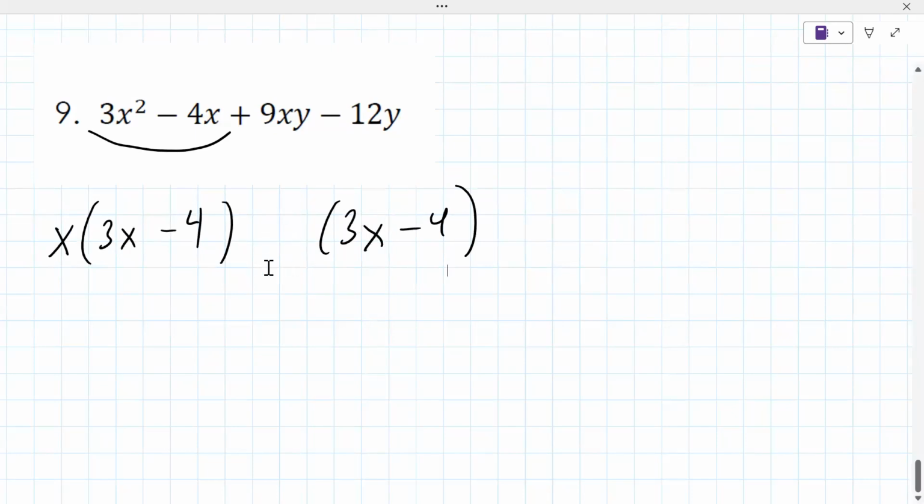It's both a number and a letter. It's the y, because this part was on the y. We need the y. But what also about the number? What should that be? You have to multiply: 3x goes to 9x, 4 goes to 12y.